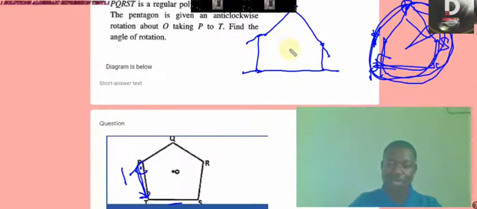It's 540. If it's 540, what will be each of the interior angles? Divided by what? 5. So let's use our calculator to divide that.